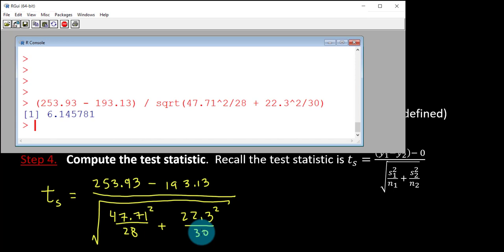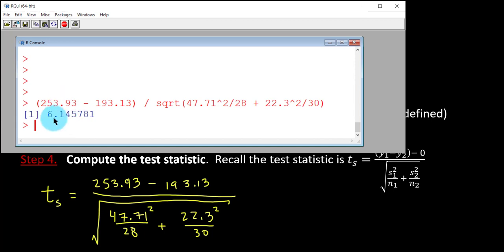That is definitely big, because that's an indication that these two sample means differ by about 6 standard errors. If you recall the empirical rule, 1 standard deviation from the mean, 2 standard deviations, 3 is pretty far.